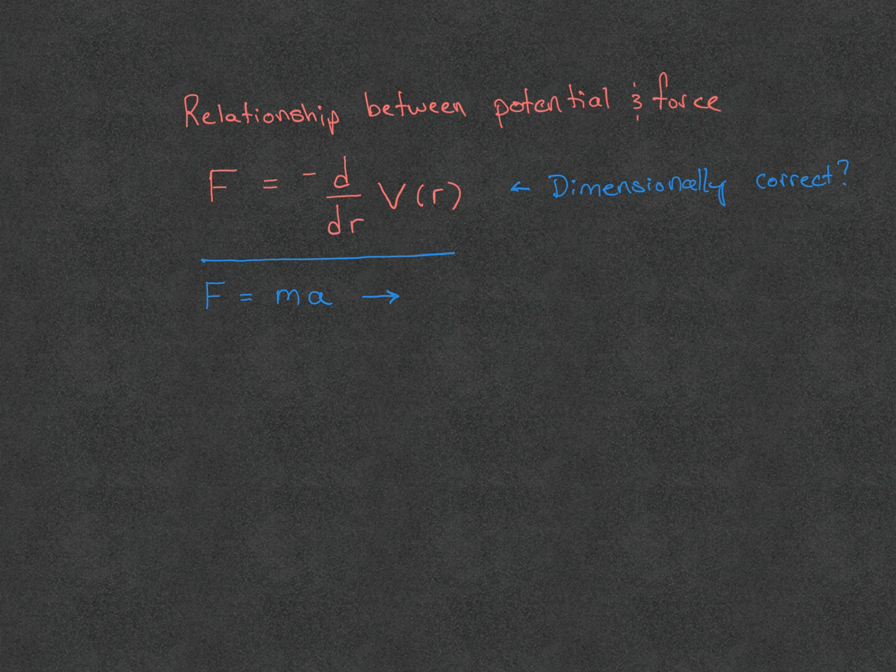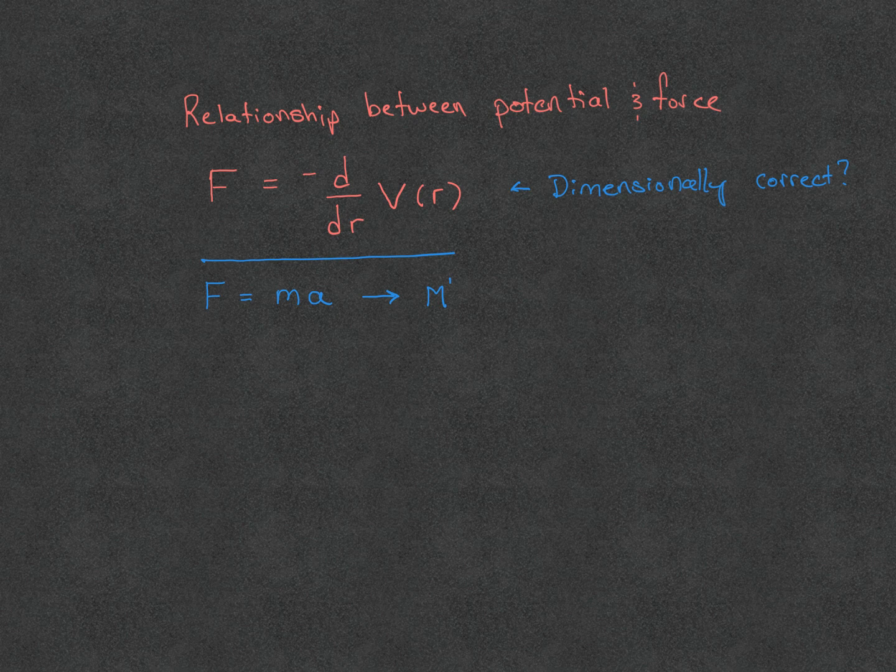The dimensions of mass are mass, which we denote with capital M, so that's M to the 1. And then acceleration is equal to the change in position with respect to the change in time squared.